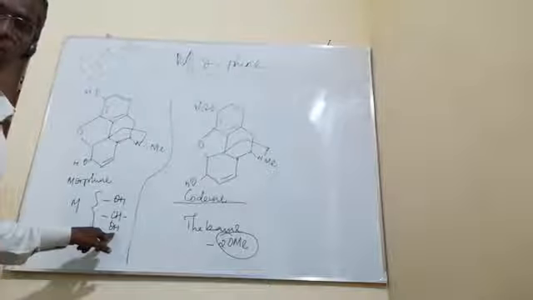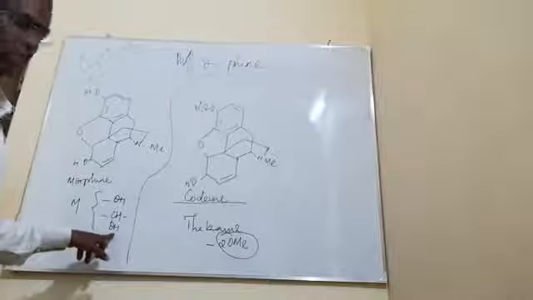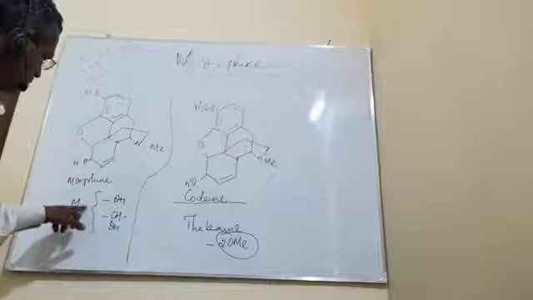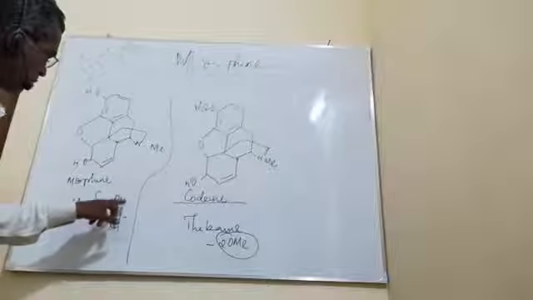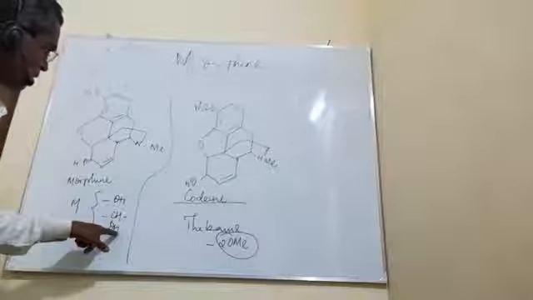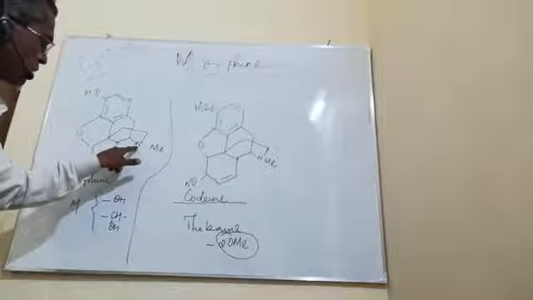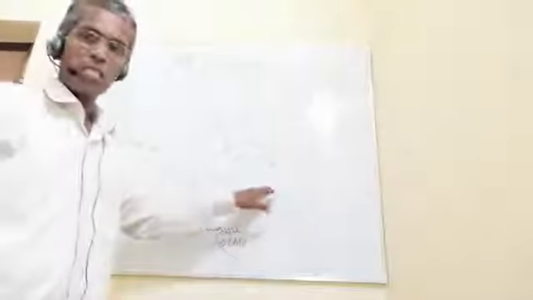How we arrived at this conclusion, we will discuss later. For the time being, keep in memory that out of the two OH groups, one is primary alcoholic, another is secondary alcoholic, and the nitrogen is in the tertiary position. Remember this.